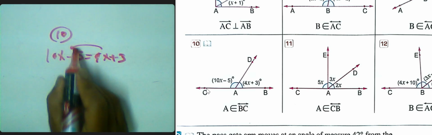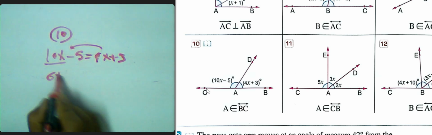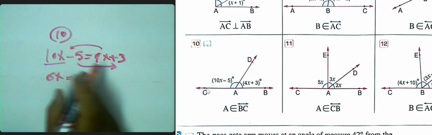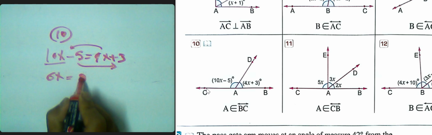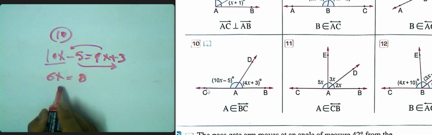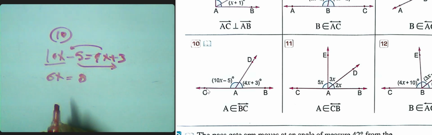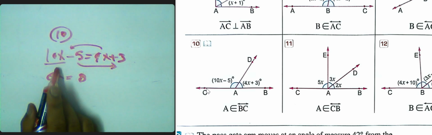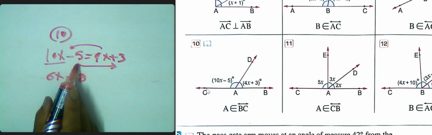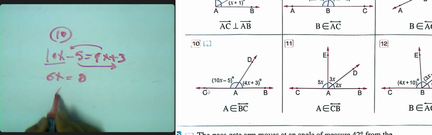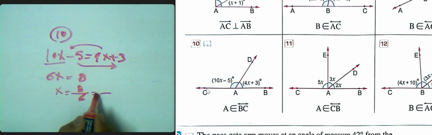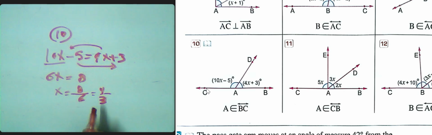And then move 4x from 10x will be 6x, and the negative 5 plus positive 3, 3 plus 5 equals 8. Then the result will be what? We have 10 minus 4 equals 6, and 5 plus 3 equals 8, then x equals 8 over 6, divided by 2, it will be 4 over 3.